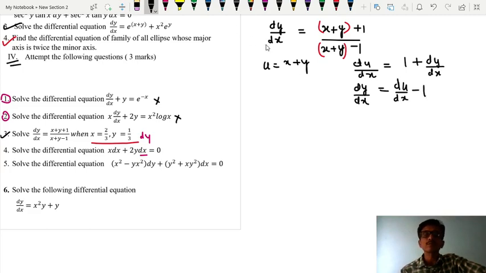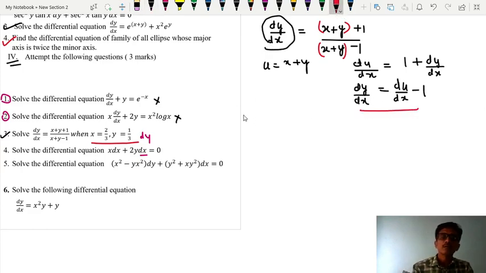So make this substitution here, dy by dx is du by dx minus 1, therefore du by dx minus 1 is equal to, what is the right hand side? u plus 1 upon u minus 1.